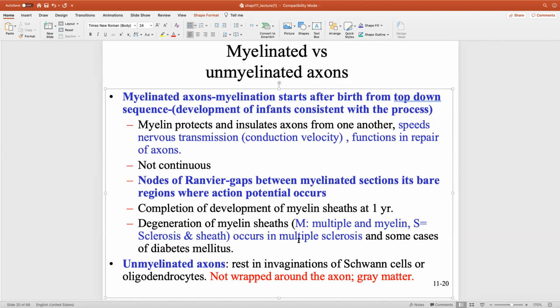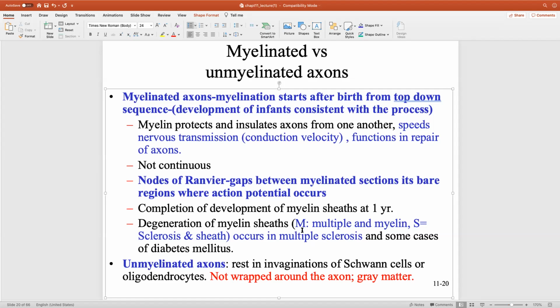Degeneration of myelin sheathing can occur in a couple of diseases. The most common one, although still uncommon, is MS. MS, multiple sclerosis, do not get that mixed up with MD, muscular dystrophy, right? Muscular dystrophy, especially the Duchenne's form, is almost always fatal and almost always affects males.